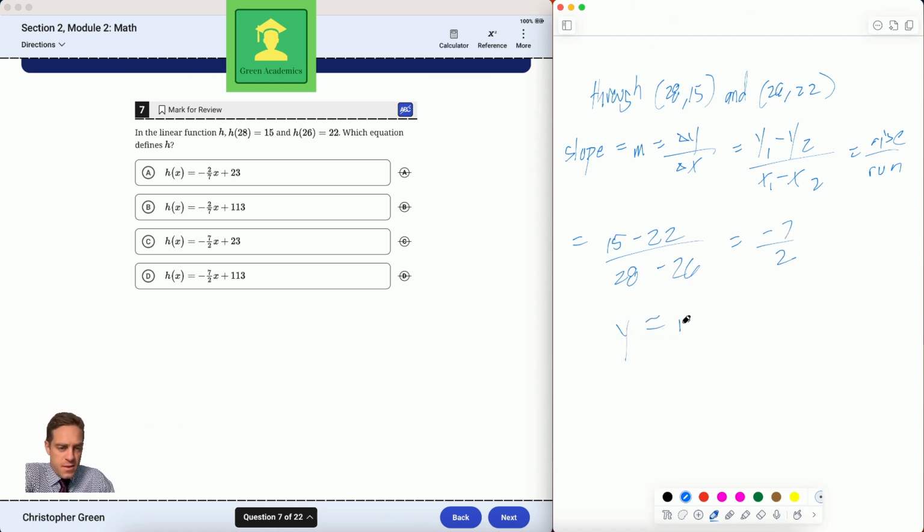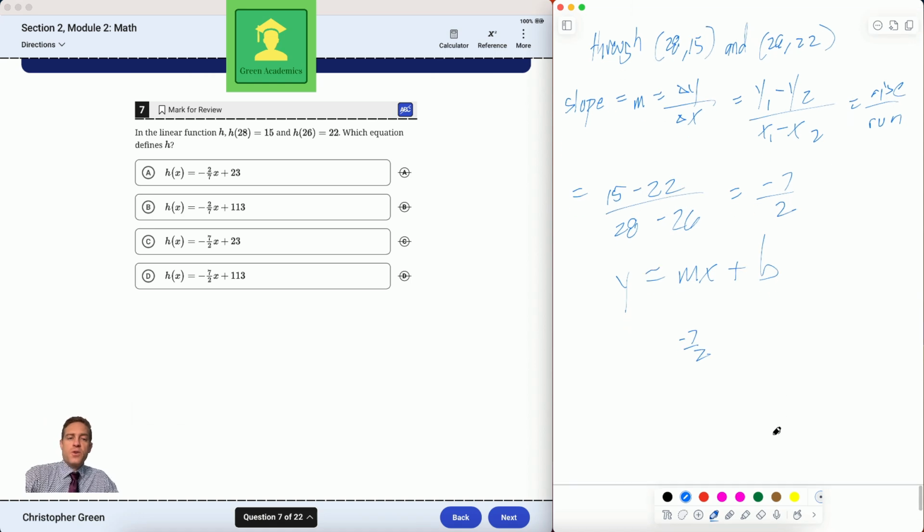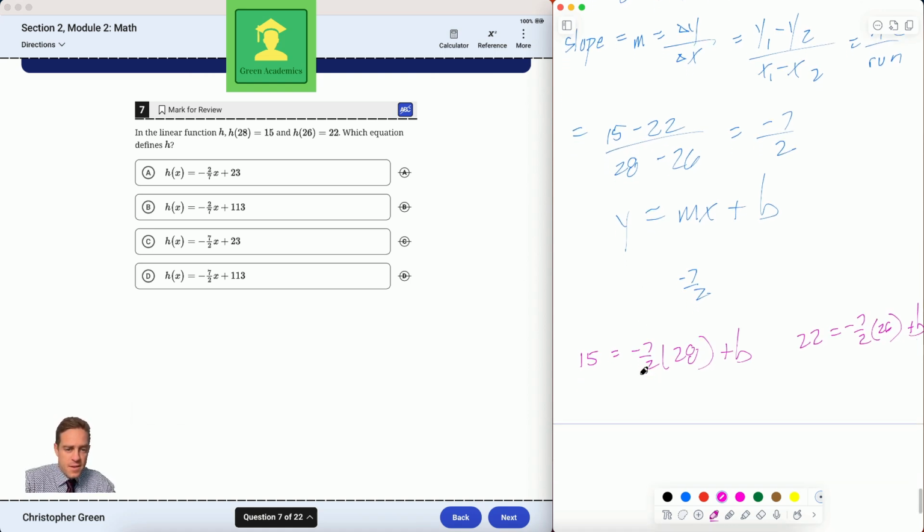And then to get it in slope-intercept form, you could say that m itself is negative 7/2, and then you could use either pair as x and y. I'm actually going to write it both ways to show you that it'll work both ways. So 15 is negative 7/2 times 28 plus b, or 22 is negative 7/2 times 26 plus b. Negative 7/2 times 28 is negative 98.